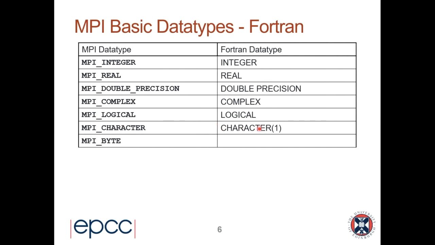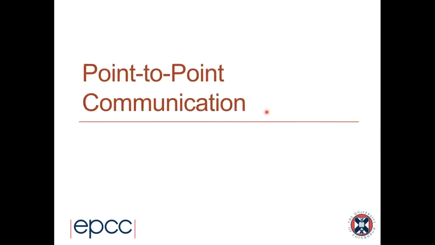Character arrays are weird in Fortran. An array of 6 characters in Fortran is different from a character variable of length 6, and that's where the confusion comes. But this will become a lot less mysterious when we talk about real examples.